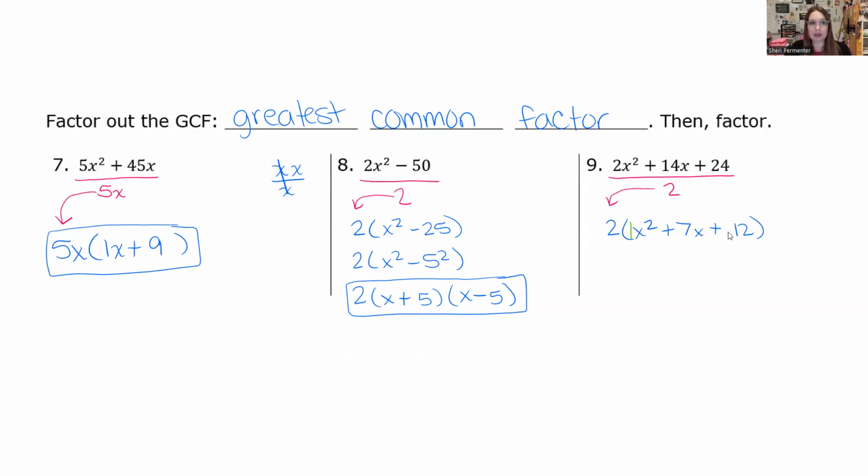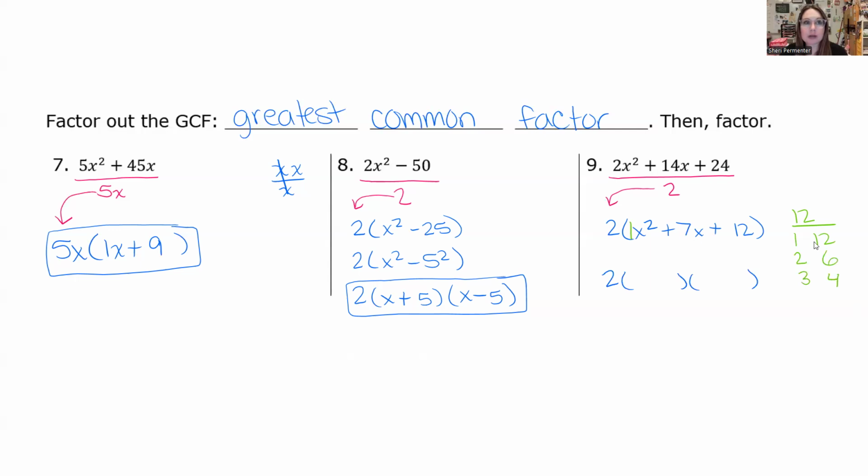And I'm going to make a factor list. Factors of 12. 1 times 12, 2 times 6, 3 times 4. Now I'm ready to set up my factors, and I have to come up with factors of 12 that can be put together or combined to make 7.